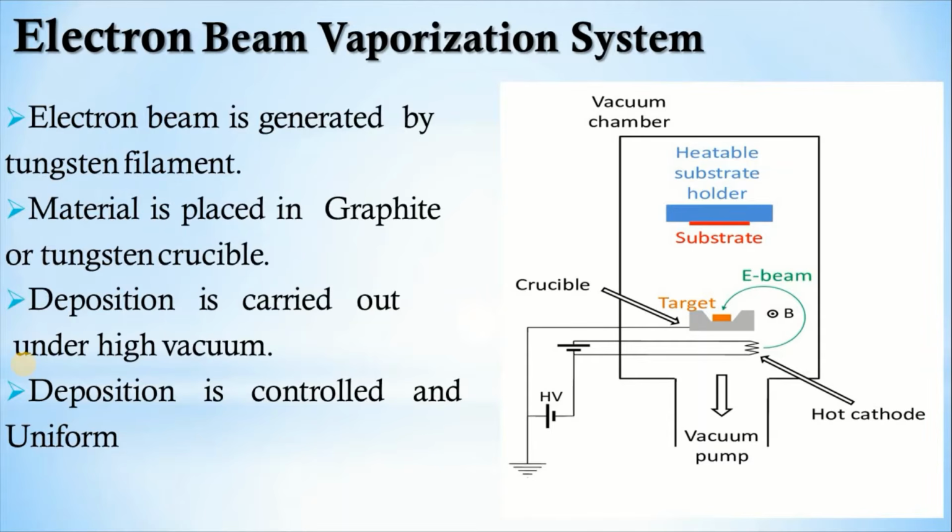These high energy electrons hit the metal piece and the temperature at the local spot rises very fast and may reach up to 3000 degrees Celsius in a very short time. Here the input power being high, extremely high rates of evaporation can be obtained. That is the electron beam vaporization system.